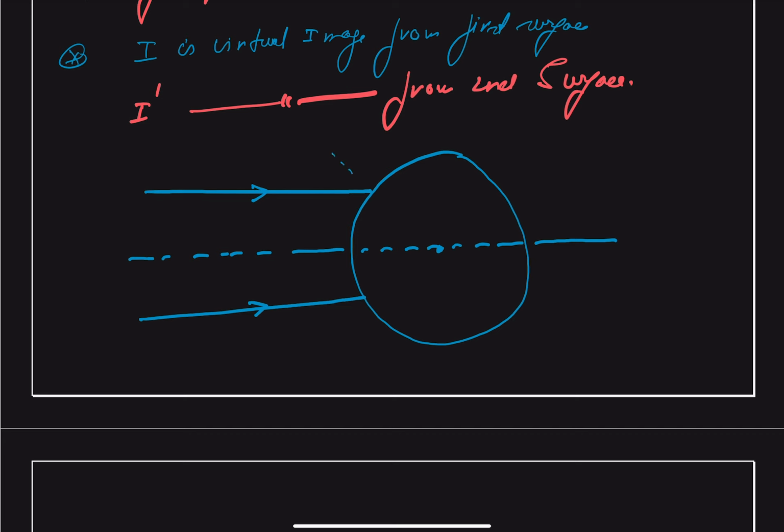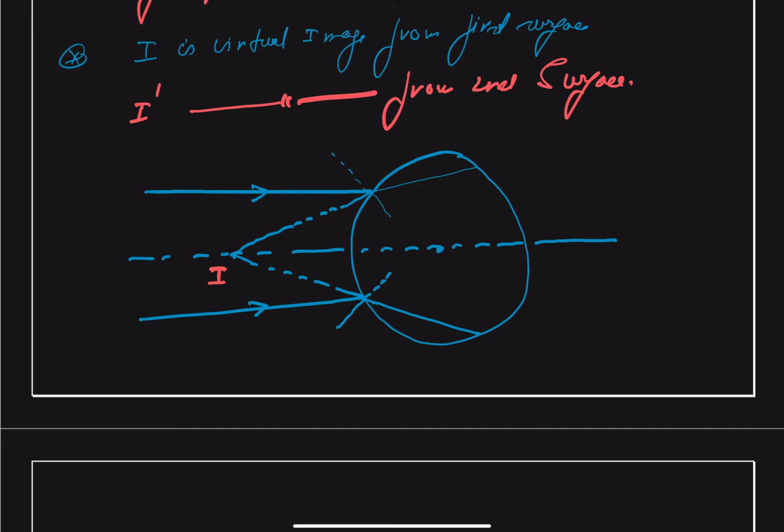And we have this as a normal here and it will bend something like this, and on the bottom side also we have a normal and it will bend something like this, and if we extend it backwards, this will be the image formed, and this is our I because of the first surface.